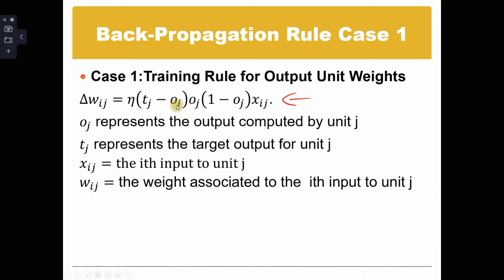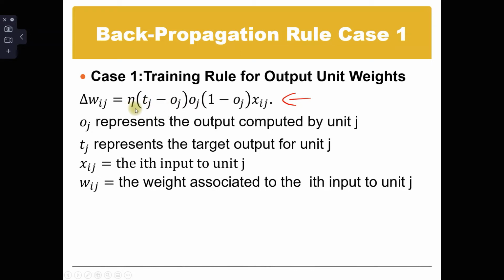This is your oj. And the tj represents your output. We will get into an example later on, where we are going to consider tj to be 0.8. But this is just an example that I'm going to discuss afterward. Here, the idea is just to introduce these different terms.